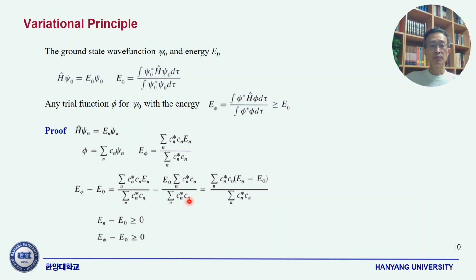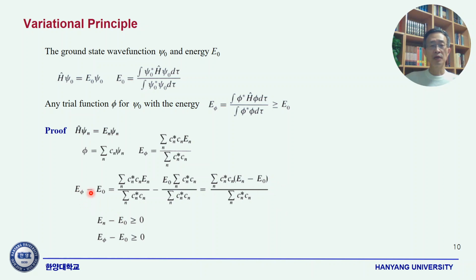And then you can combine numerators in this way. And then the smallest number of En is E0. So En is always greater than or equal to E0, meaning that this entire thing is always greater than or equal to E0.